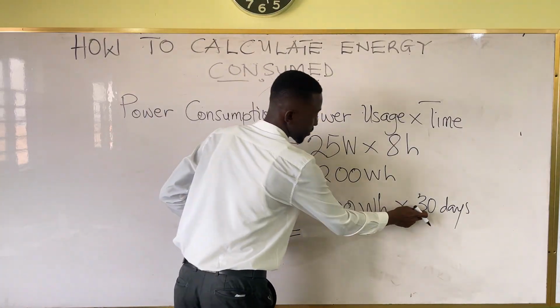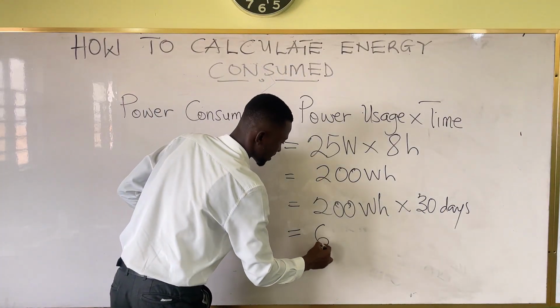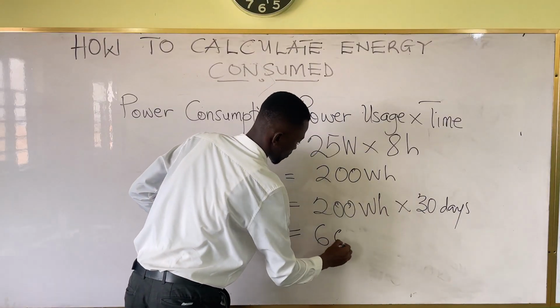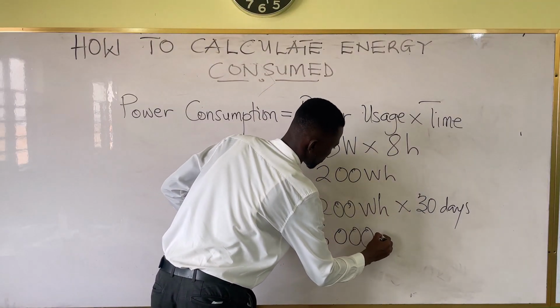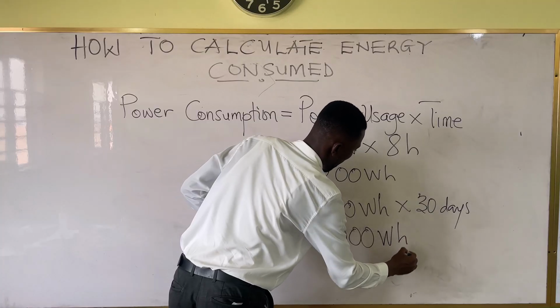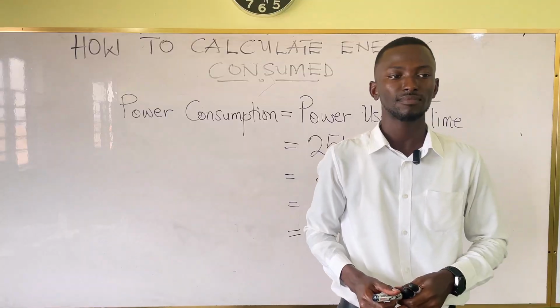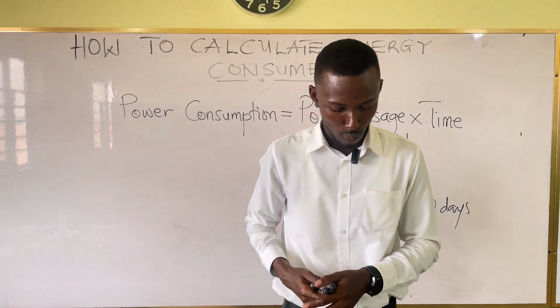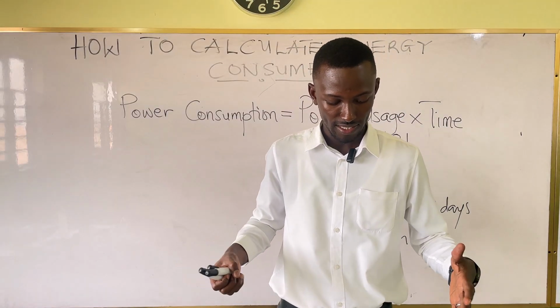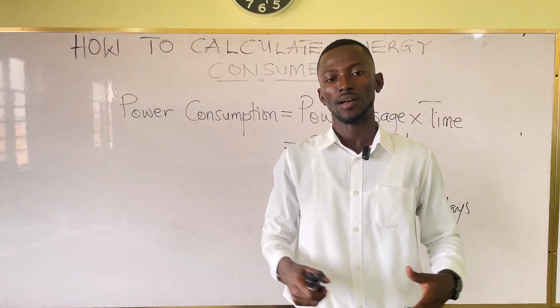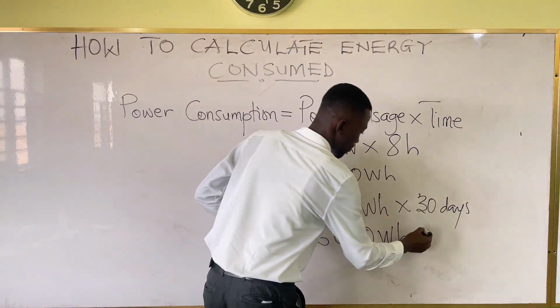So 2 times 3 is what? 6. Then we add these 3 zeros. 1, 2, 3. So 6,000 watt hour for 1 month. So by the end of 1 month, the person ends up using 6,000 watt hour per month.